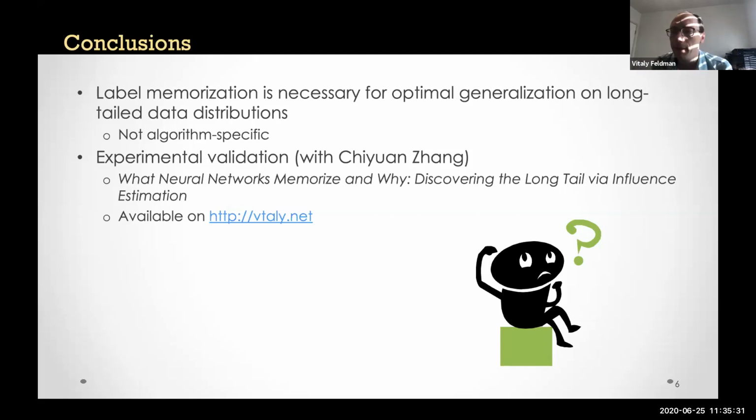Okay, maybe it's my interpretation of what the question might be saying. So yes, the theory does explain why the test error is high, and the reason is that in these long tail distributions, there always remains a fraction of the distribution that you haven't observed at all.